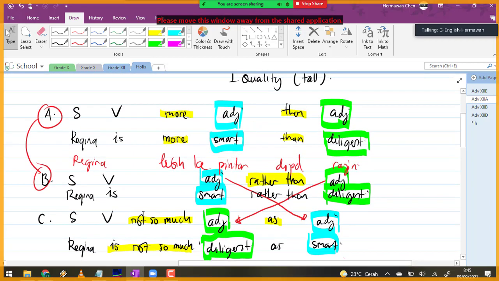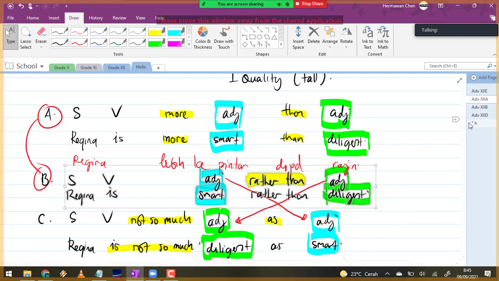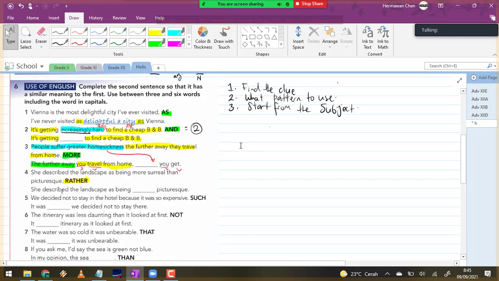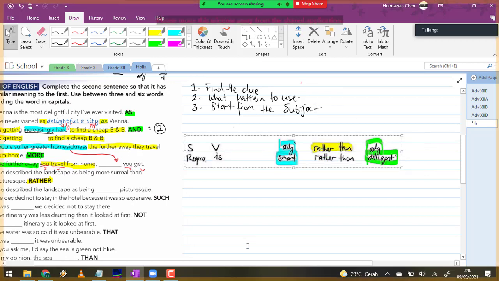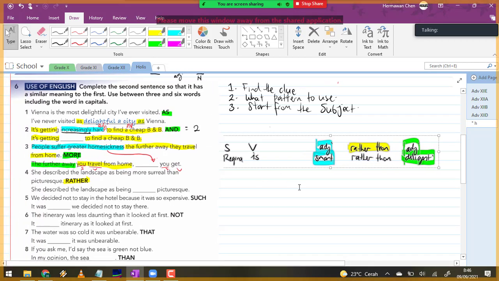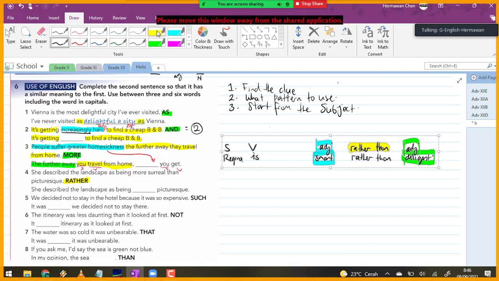Pattern number 4, second one. Let's put it here. Okay, have a look, guys.